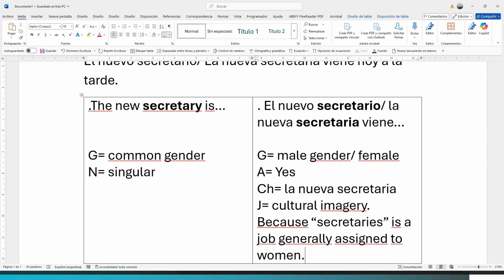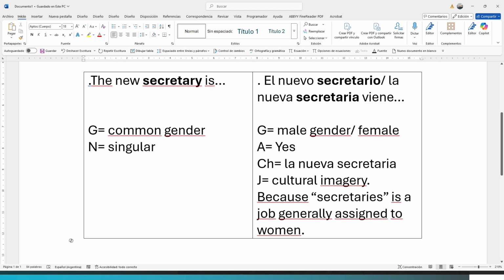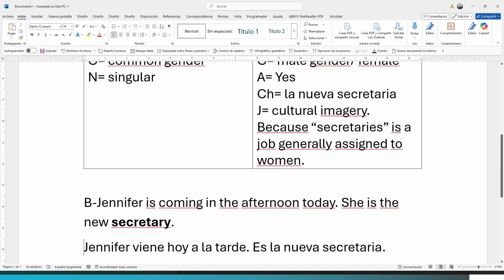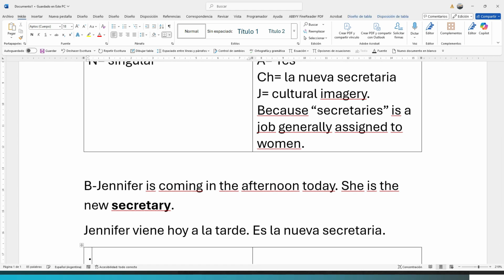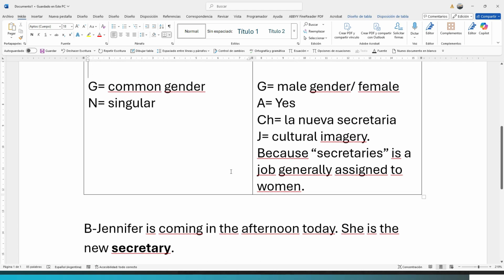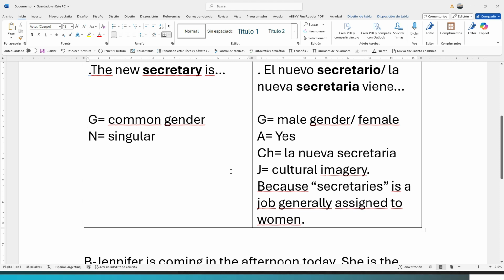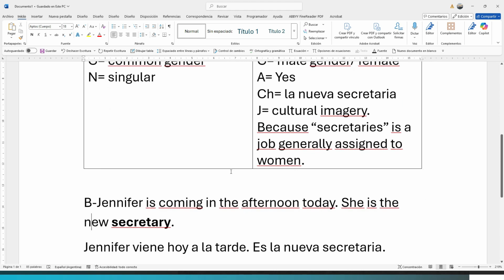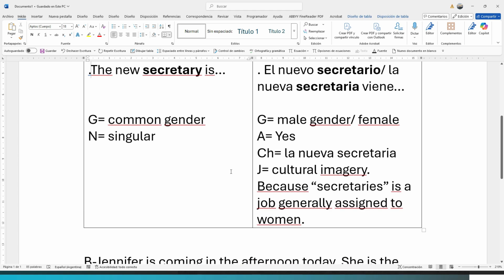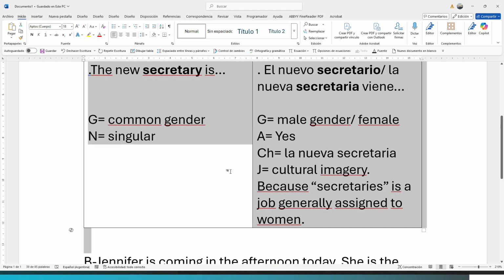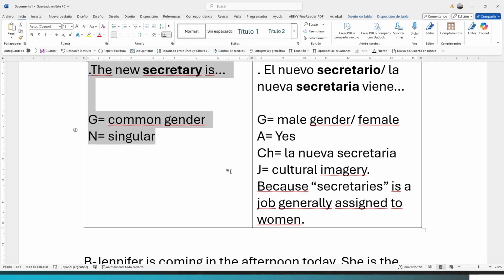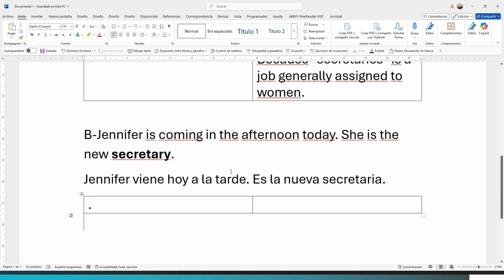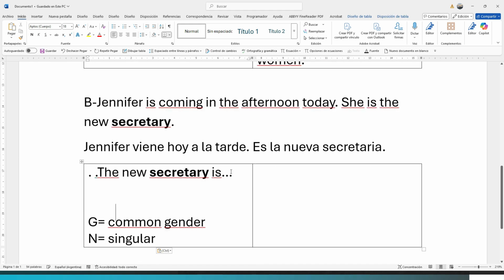Cultural imagery. What happens in the second example, in 1b, where we also have secretary, but here we have, again, I'm going to cut and paste just to make things easier here, because in English the panorama is again the same as in English.